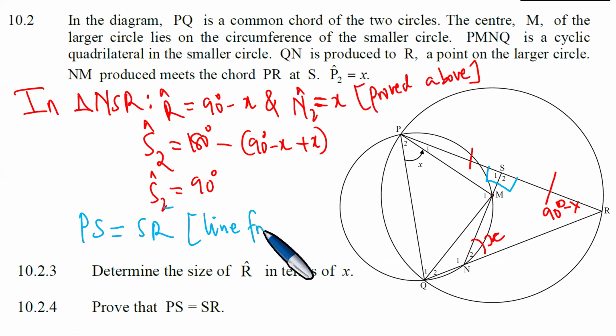line from center perpendicular to chord. There's a theorem. The theorem says that line from center perpendicular to chord bisects the chord.